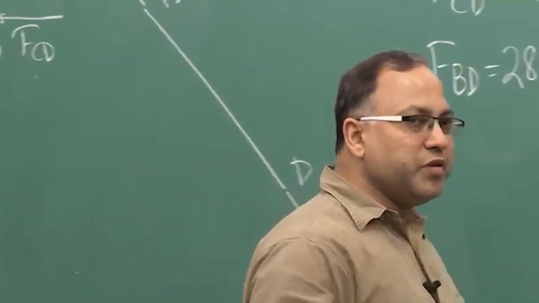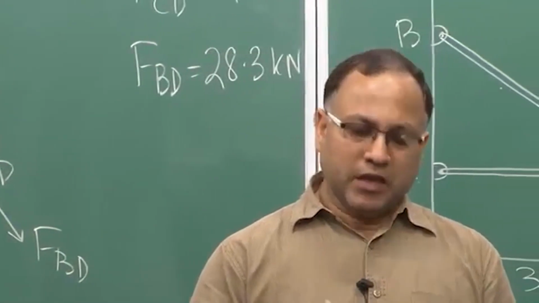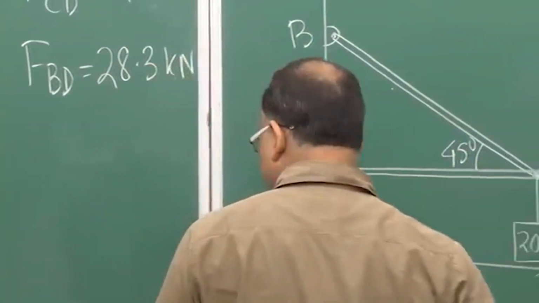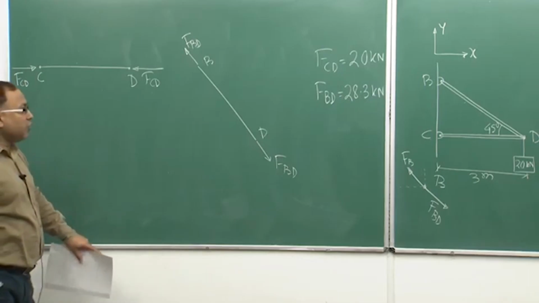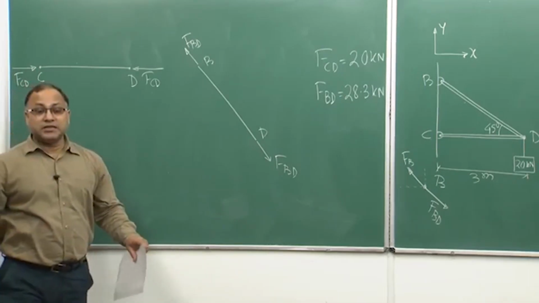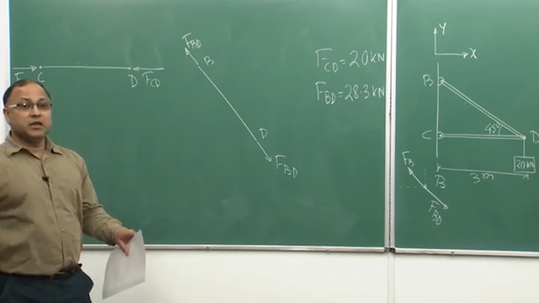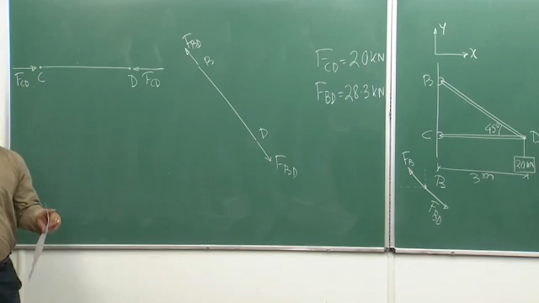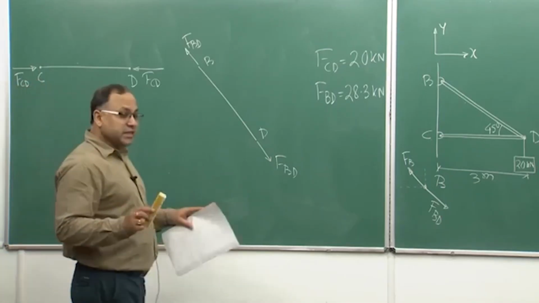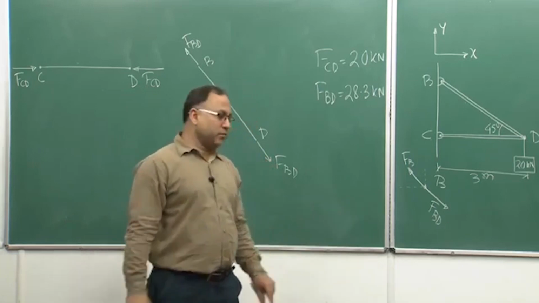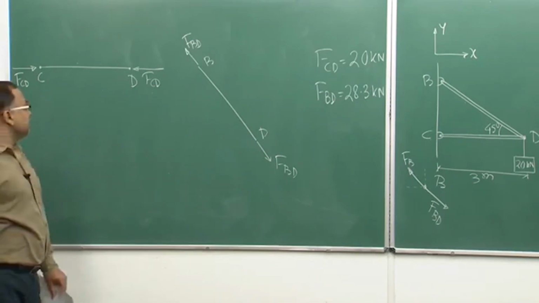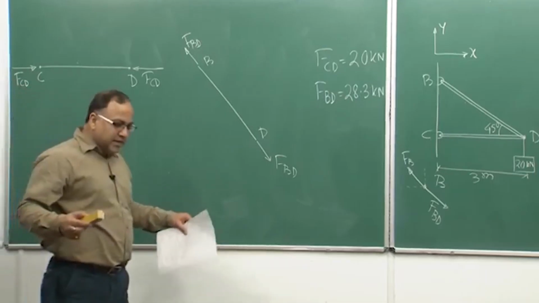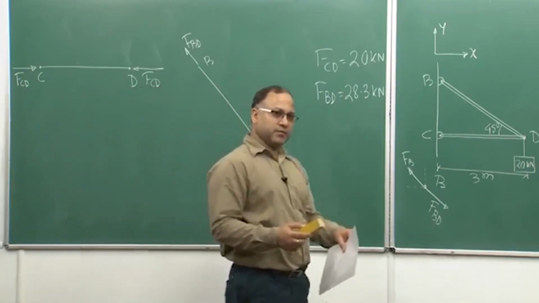Now, we will be studying the deformation. Now, if you look at this member CD, I am saying that member CD as well as member BD both are deformable bodies, right. I am not talking about a rigid body or something like that, they are deformable bodies. Now, under the action of force FCD, the member CD will be compressed.